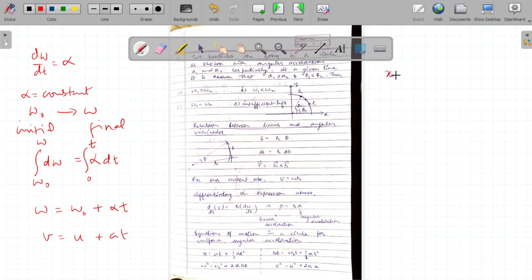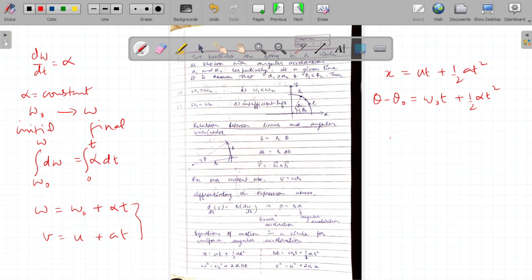We already know more equations of motion, like x is equal to ut plus half at square. These equations are from kinematics, right? As these equations are analogous, we can also write that the angular displacement of the particle, that is theta minus theta naught, would be the initial angular velocity omega naught t plus half angular acceleration into t square.